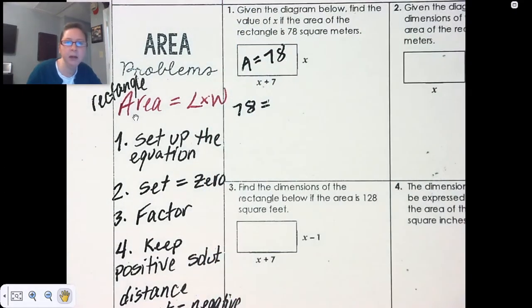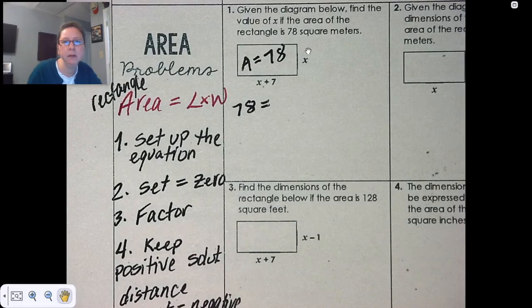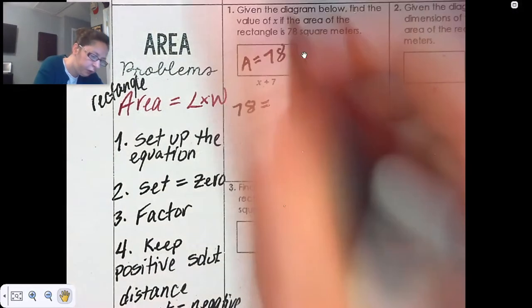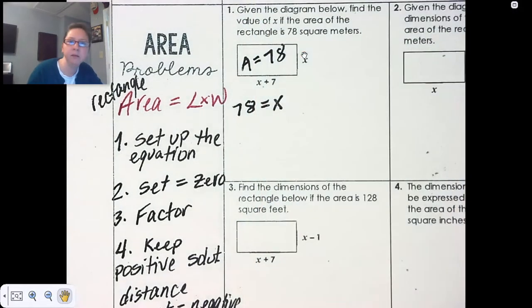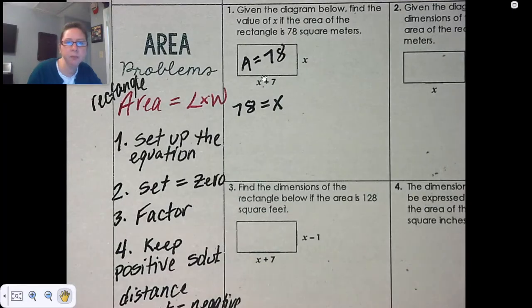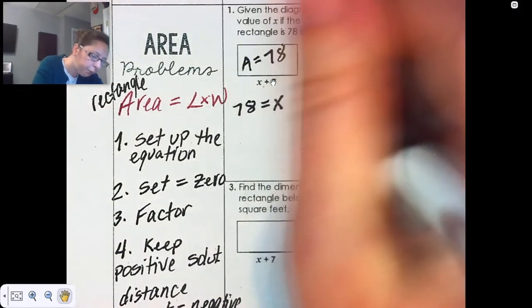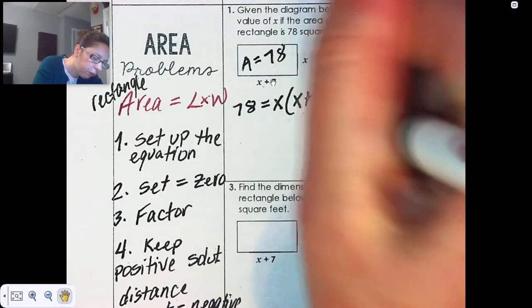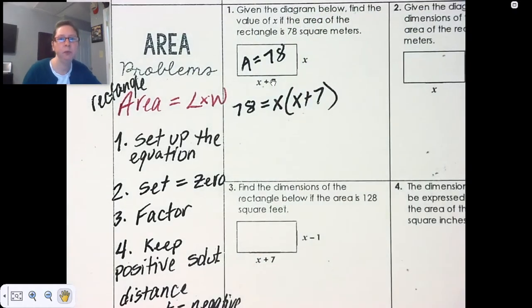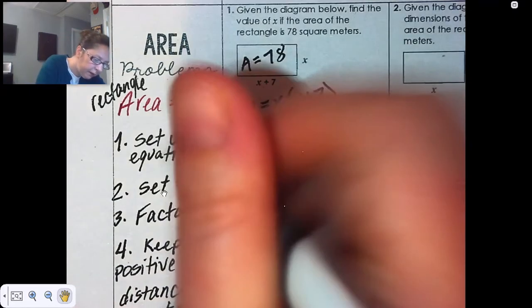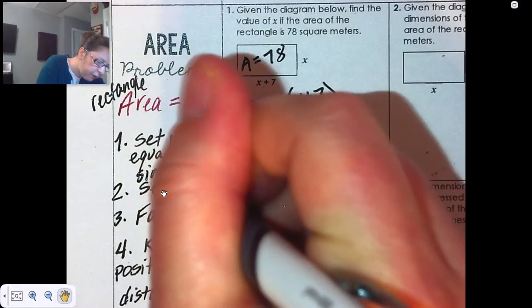And that's going to equal the length, which is x, times the width, which is x plus 7 right here. All right, so now I have my equation set up. Now I'm going to need to set it equal to 0. So let me say simplify and set it equal to 0.